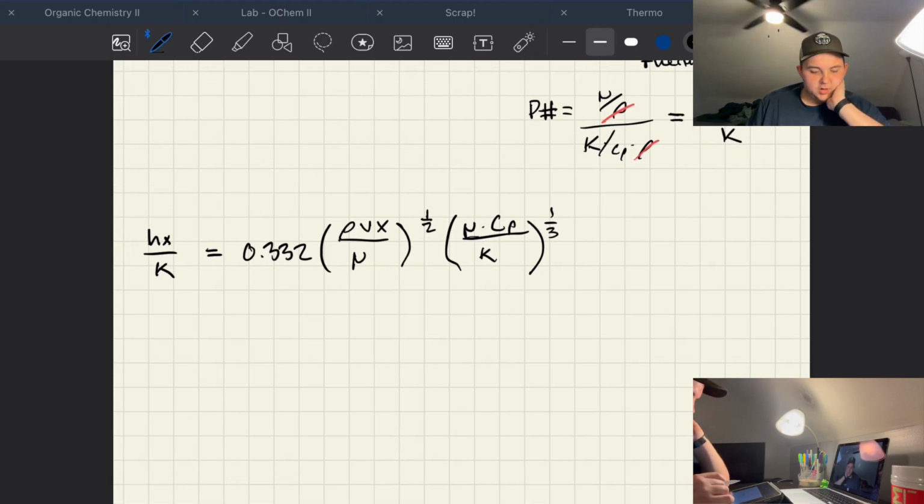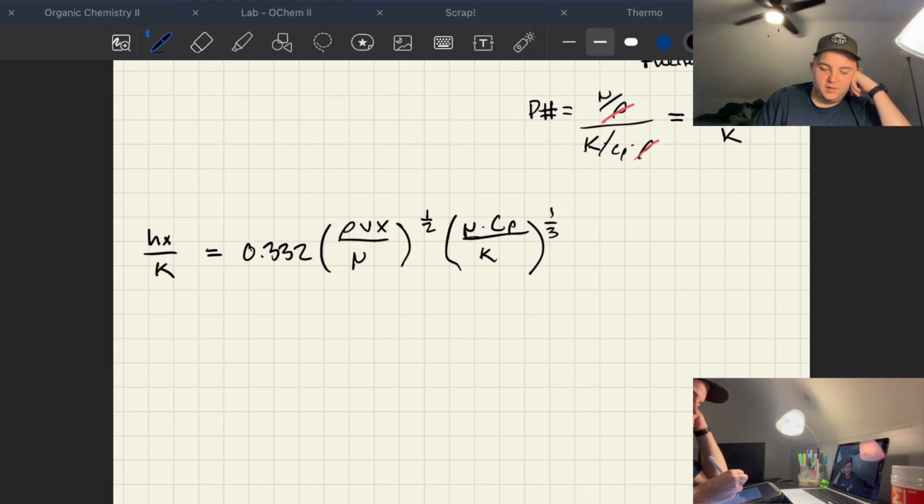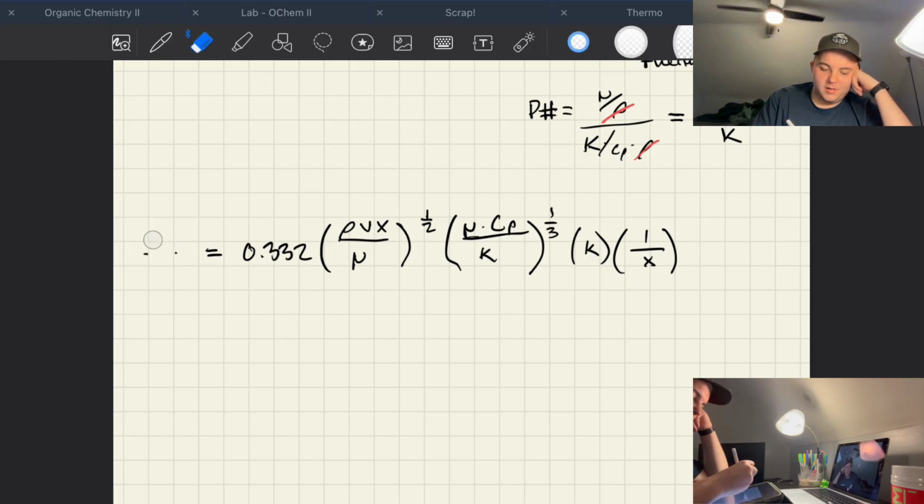So now we're going to want to solve for h. We're going to have to multiply by k, and we'll multiply by 1 over x. So that will leave us with our h on this side.